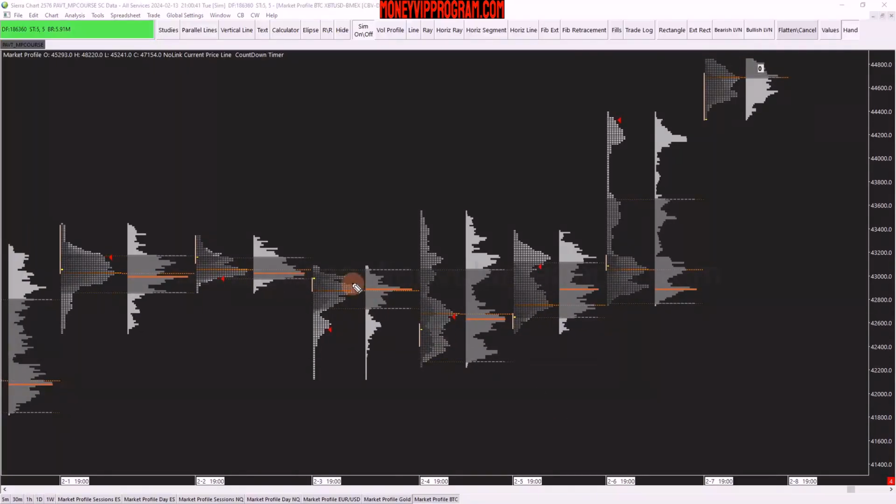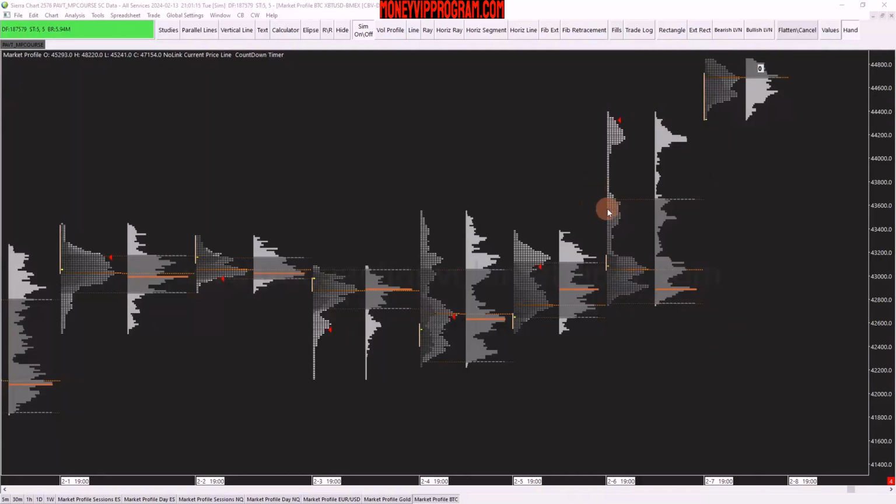A lot of them look very similar. For example, on this one the points of control were almost identical, whereas on other ones, like this big trend day that pushed up to close at the highs, we opened here, and the TPO POC was here, but the point of control of the volume profile was right here near the lows. And then we had a late rally to the upside.